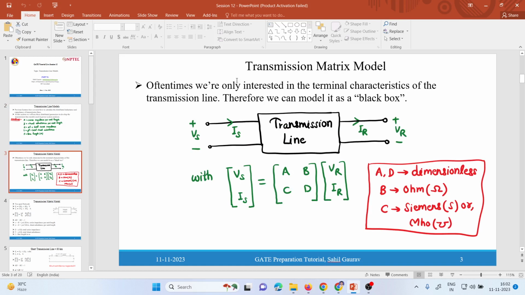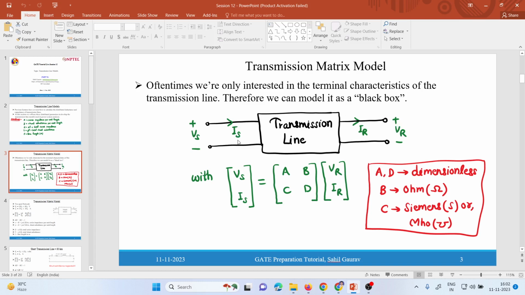To model the transmission line, we use the ABCD parameters. We all know that it is one type of two-port network. We are often interested in the terminal characteristics of a transmission line only. If either the sending end or receiving end voltage and current are given, then we can find the other side's voltage and current.